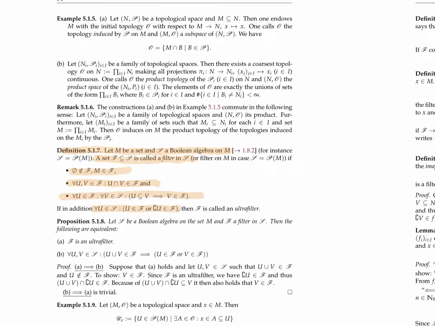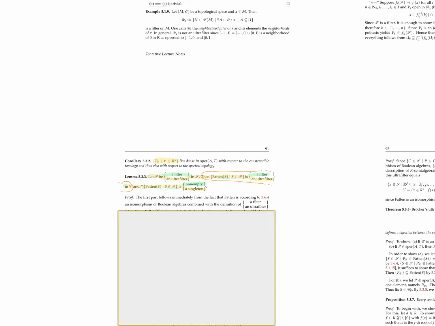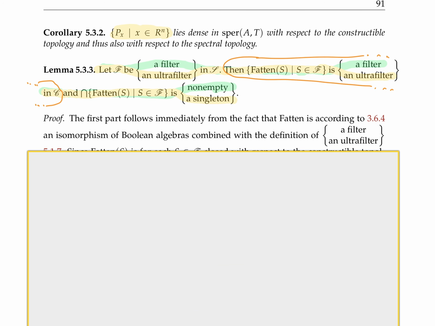Let's maybe once more look at the definition of a filter. You see everything very easily. So the thing with the inclusion that I just mentioned is in order to see that this property is preserved, right? So in this case that means the first part is almost trivial, right?